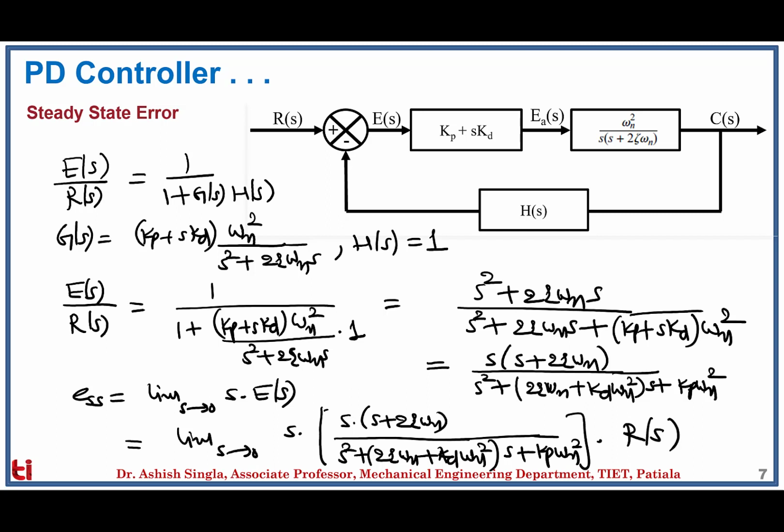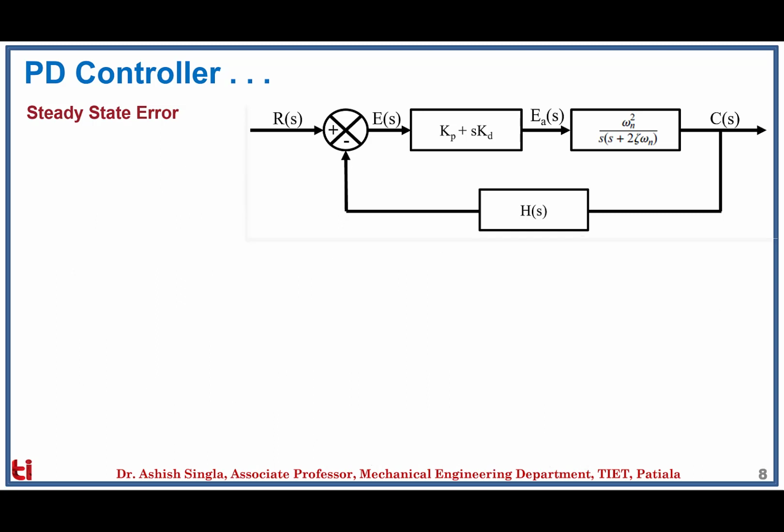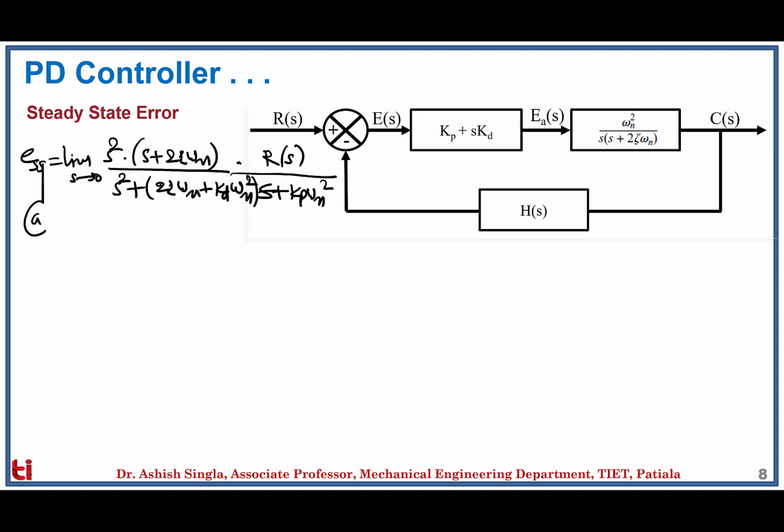So this is the expression for steady state error, which we can now calculate for different inputs. Let's take the first case where R(s) is a step input, which is written as 1 by s.